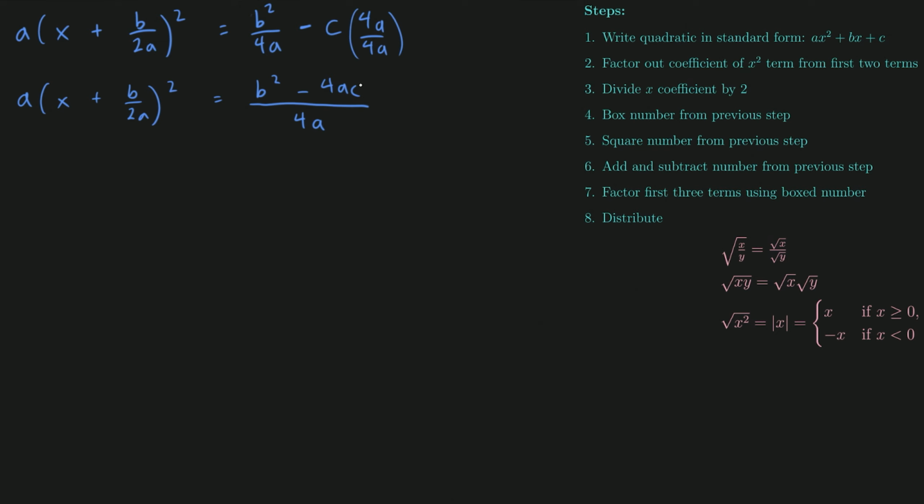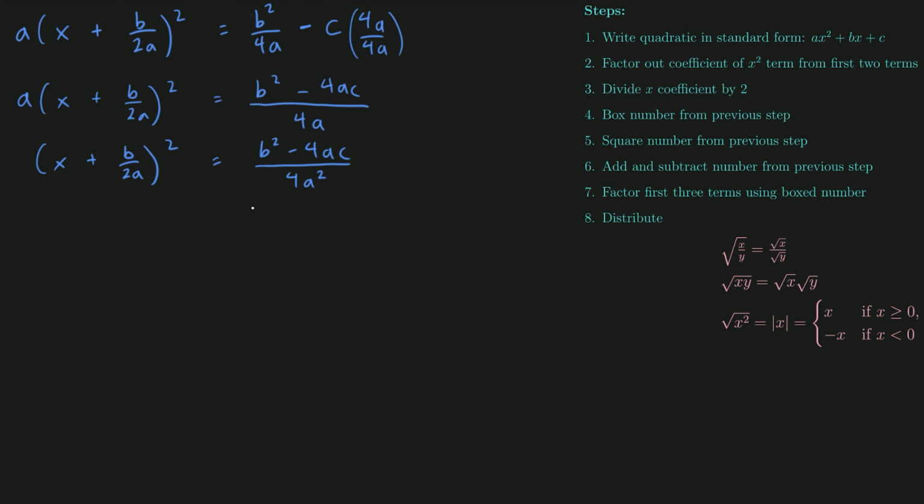The b squared minus 4ac should start to look familiar. Remember, our goal here is to solve for x. So now let's divide both sides by a. (x plus b over 2a) squared equals b squared minus 4ac over 4a squared.